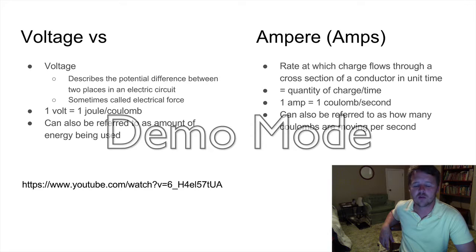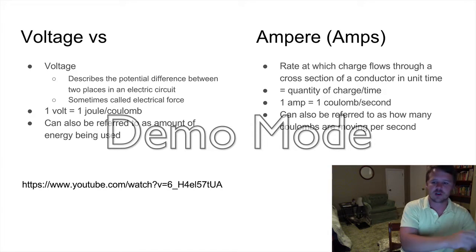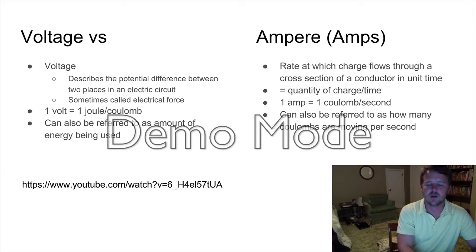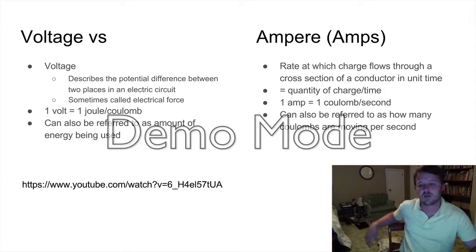So an amp is a measure of how fast those electrons are moving. Imagine that example I gave of how a battery has a bag of electrons in it, and those electrons are just running out of the battery into that circuit and around. So imagine that an amp is a measure of how fast those coulombs are moving per second.